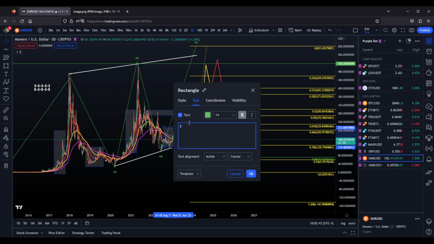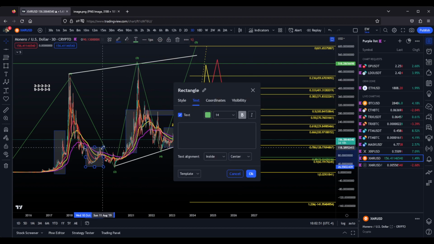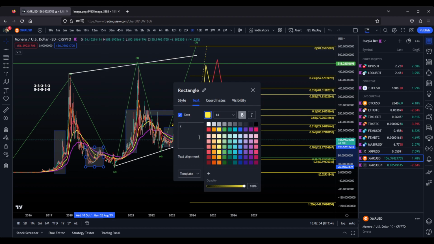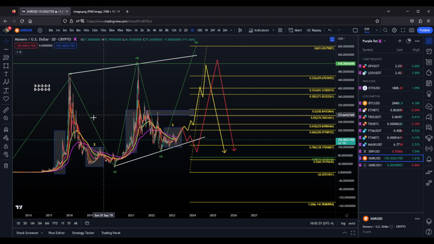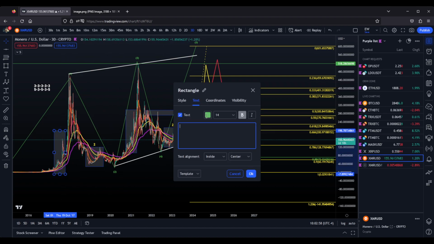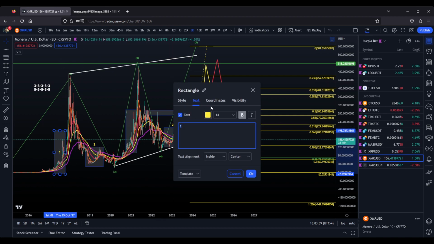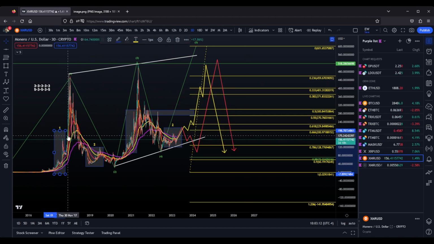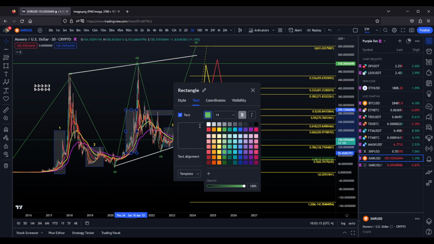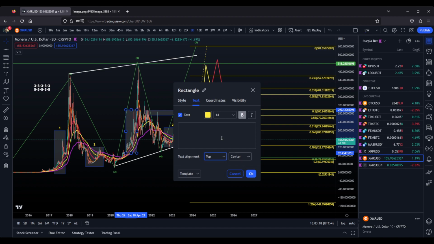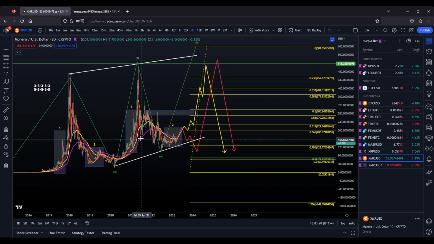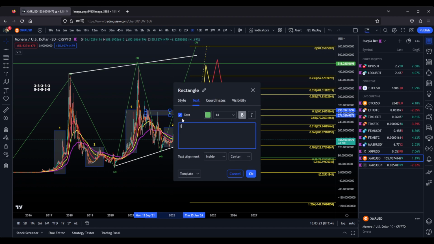Let's put it yellow. Let's put it at the top. And this is fractal one. Sorry about that. So you have the fractals there, and this would be the liquidity zone.